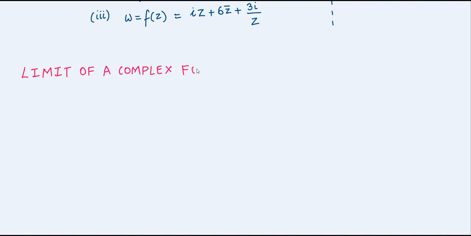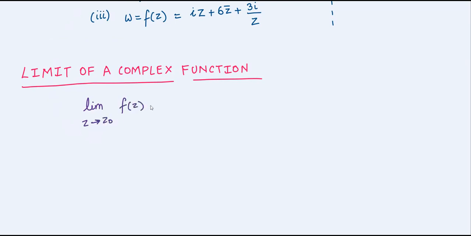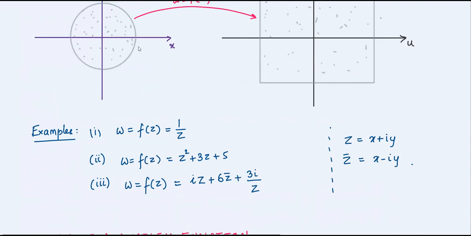I'll not go into the technical definition of limit using the neighborhood and that definition, but limit as z tends to z naught of f of z is equal to L basically means that as z approaches z naught, the function value approaches L.